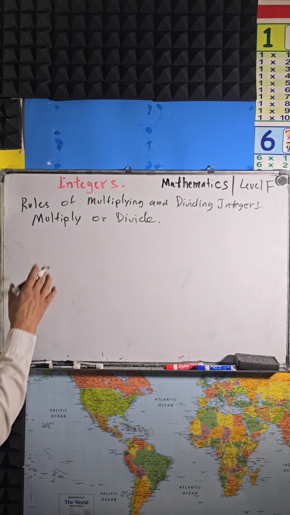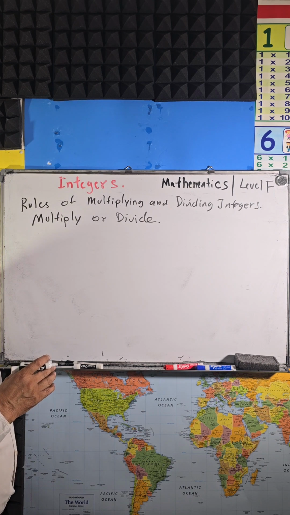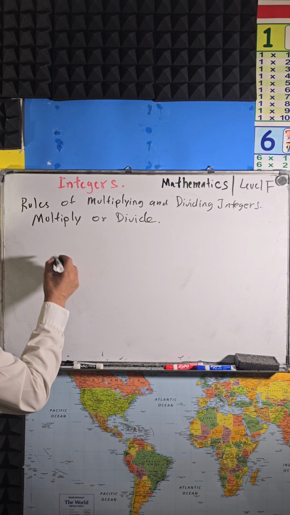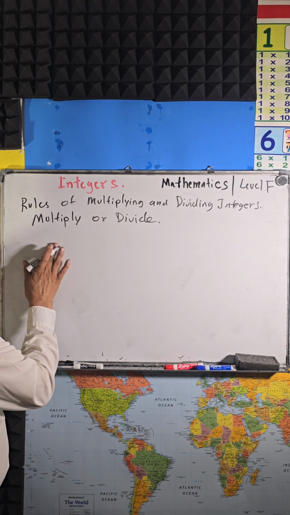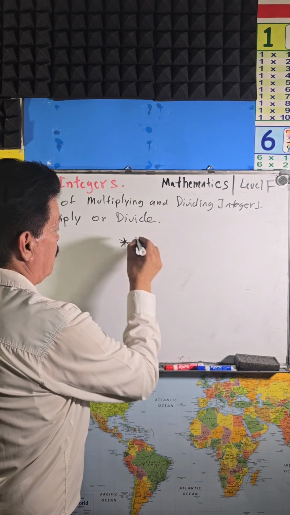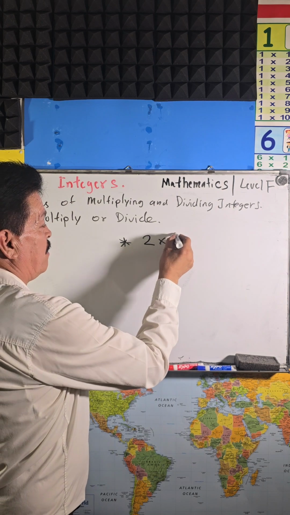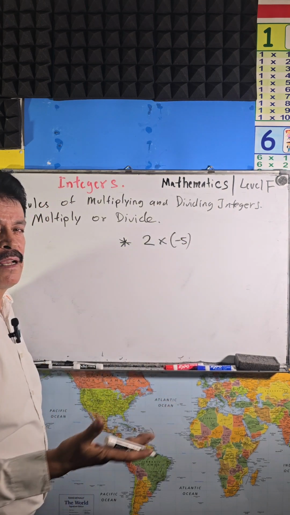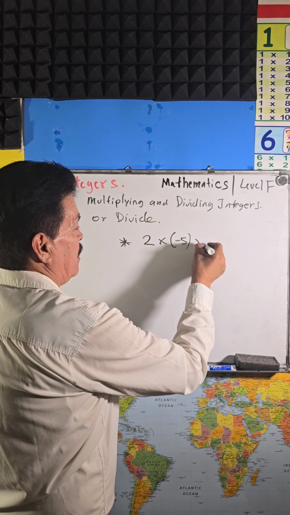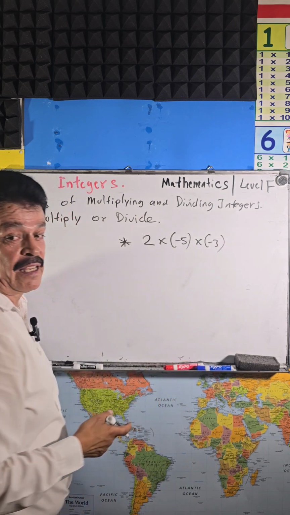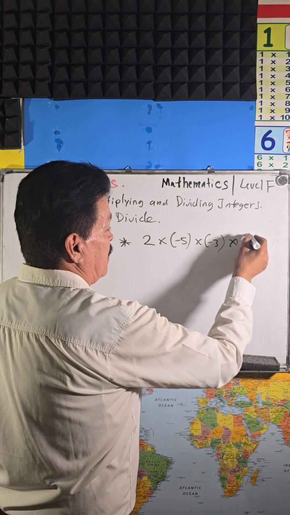Let's write another couple problems. If we have a problem like, let me go over here. Okay, if we write, for instance, 2 times a negative 5, times a negative 3, times negative 1.